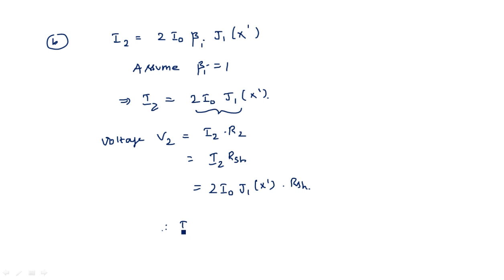Therefore I0 is equal to V2 by 2 J1 of X dash into RSH.